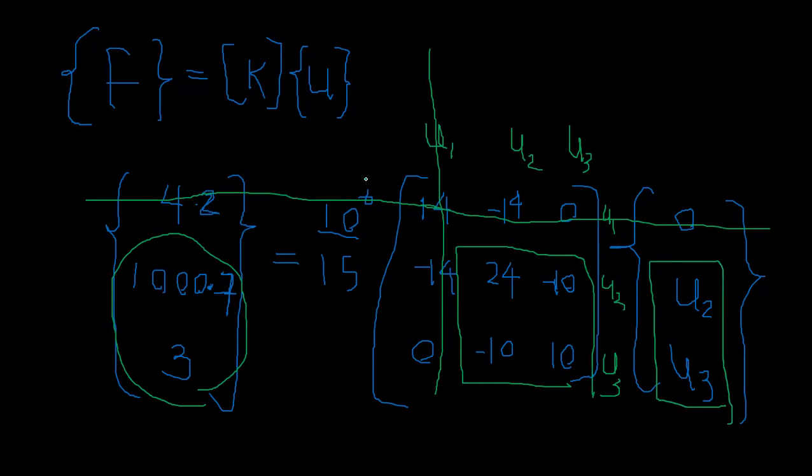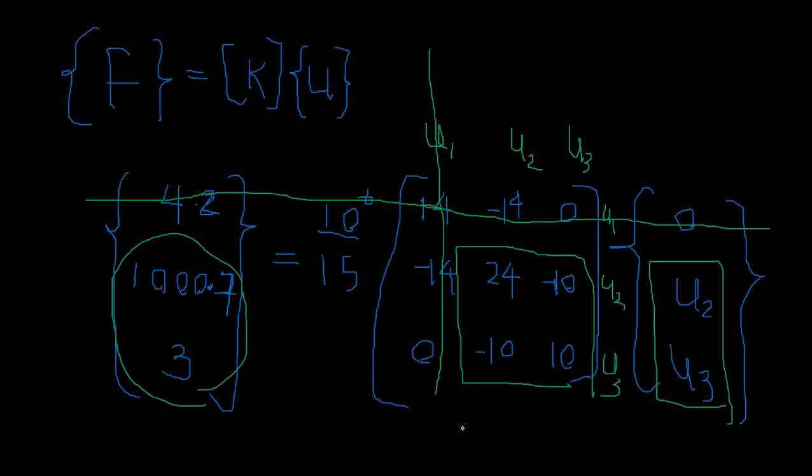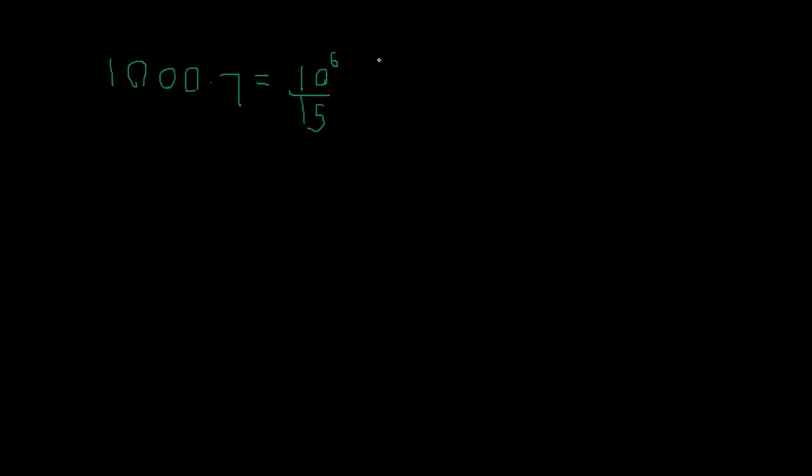So that gives you 1007.2 is equal to 10 to the power 6 over 15, 24 U2 plus minus 10 U3. Okay.